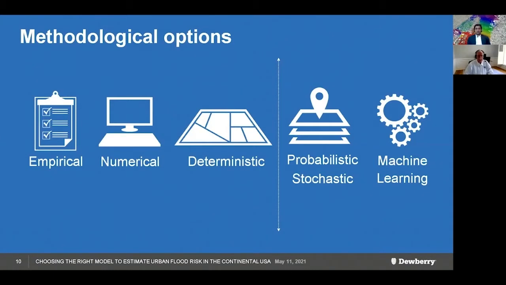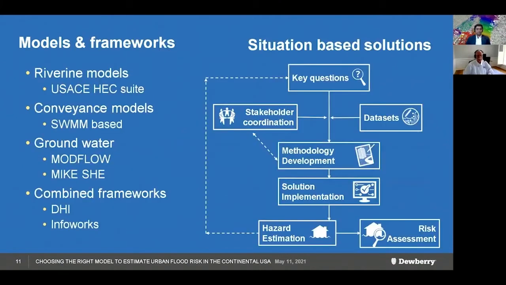Probabilistic and stochastic approaches investigate a range of events which have different intensities and durations. And the difference between probabilistic and stochastic being stochastic are more random events based. And machine learning methods are currently being explored, correlating flood risk with independent variables. The methods to the left are more watershed, physical processes based, and to the right are more data driven.